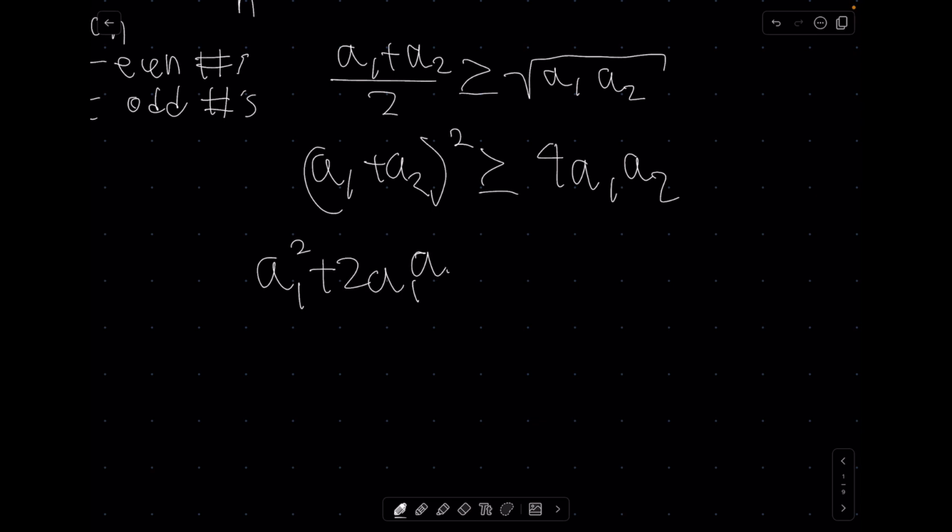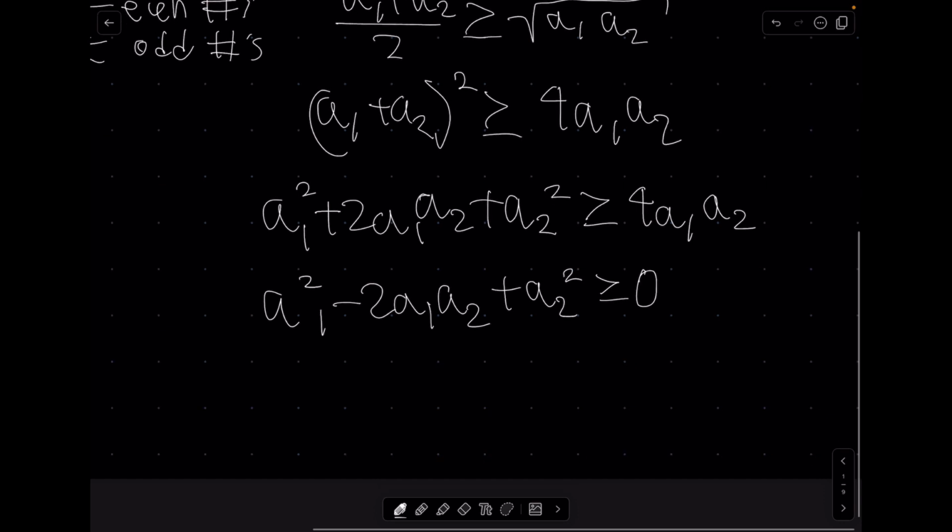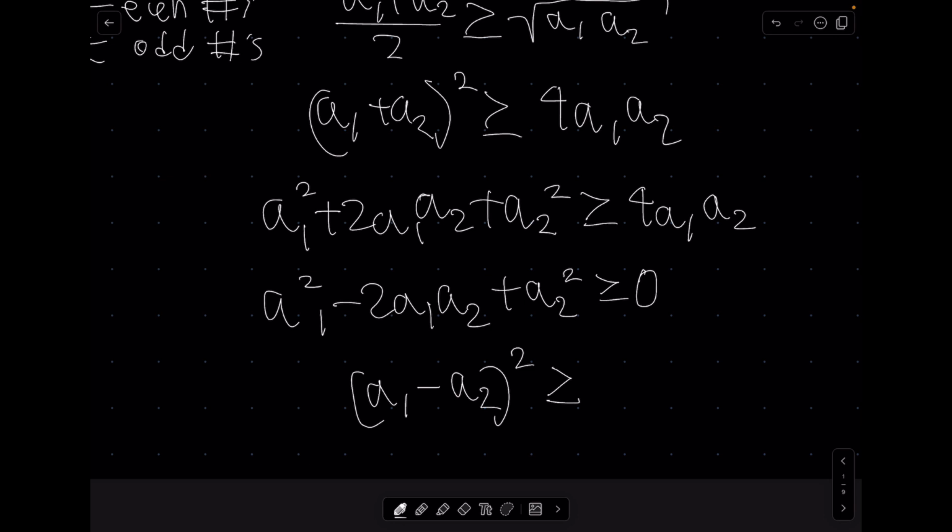You might already be able to see where this is going, but now we can subtract the 4a1a2 term. So we'll have a1 squared minus 2a1a2 plus a2 squared is greater than or equal to 0. And this simplifies to (a1 minus a2) squared is greater than or equal to 0, which must be true because it's a squared term, so it's only going to be positive.